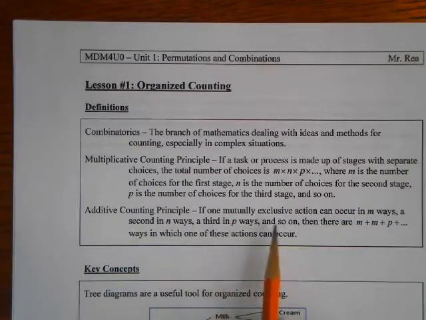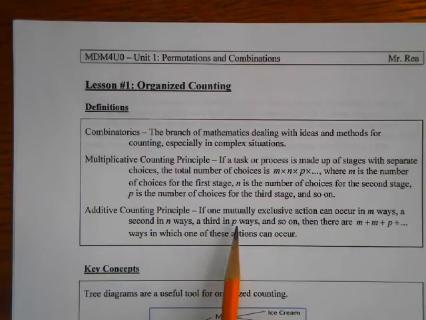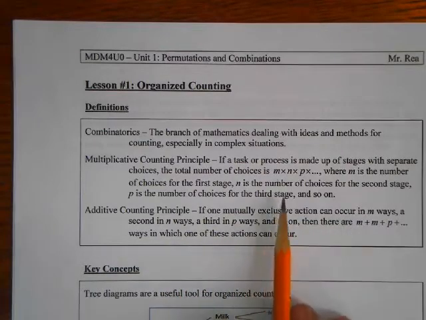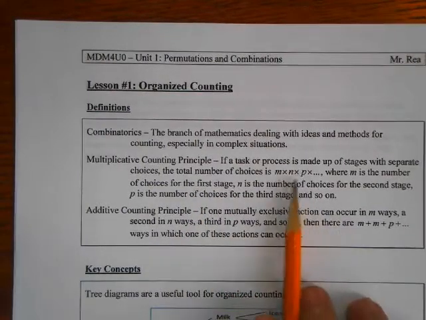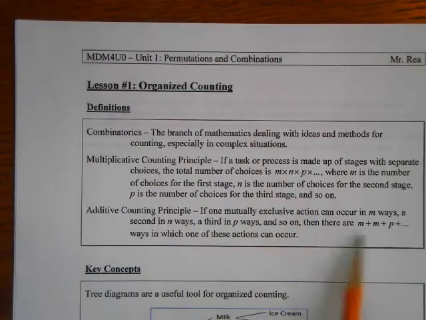So when you have m ways of doing one action, n ways of doing a second action, p ways of doing a third, but you're not going to be actually using all 3. You'll just use one of those 3 choices. Then what we do is we just add these numbers of choices up. So unlike the first multiplicative counting principle where we multiply all the numbers of choices, this time we add them.